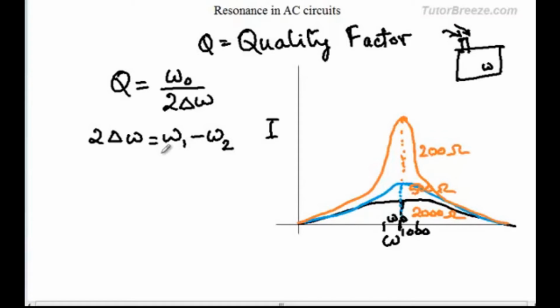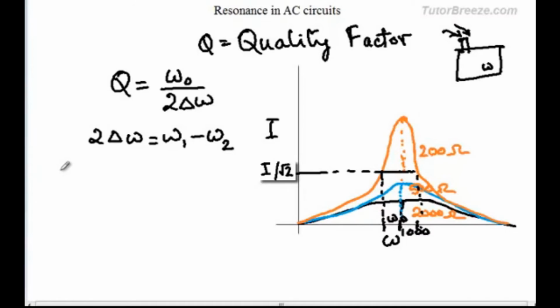And now how have we chosen these points omega 1 and omega 2? Omega 1 and omega 2 are on either side of the resonant frequency, and these are points at which the power in the circuit drops down to half.